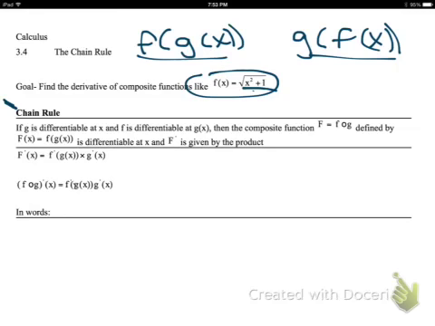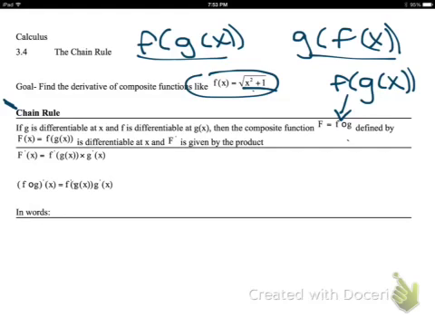So the chain rule is saying if they're both differentiable, then the composite function, remember that is the same thing as f of g of x, defined by f of g of x, is differentiable at x, and its derivative is given by f prime at g times g prime.